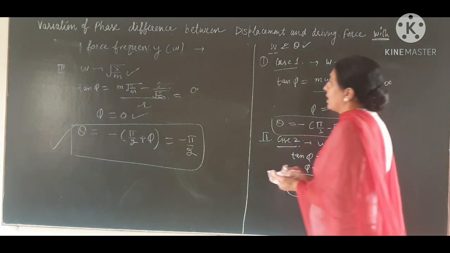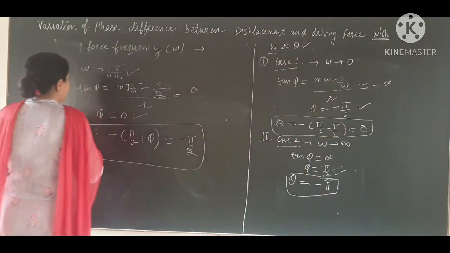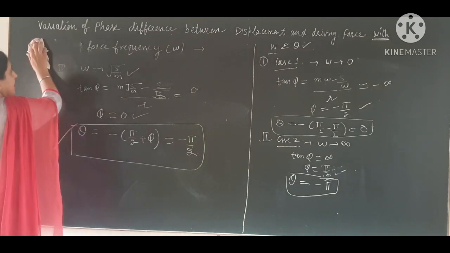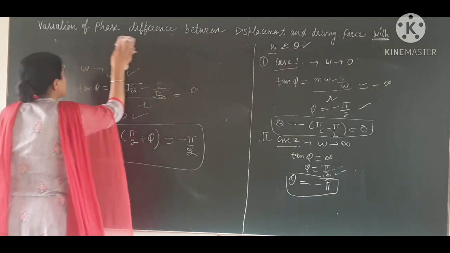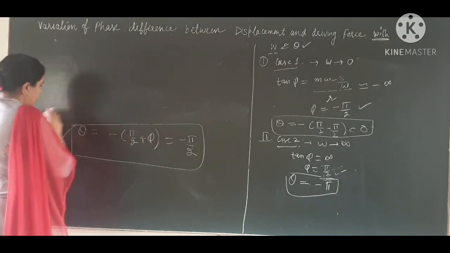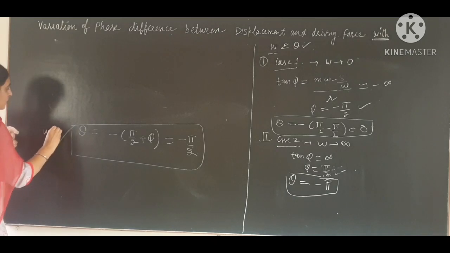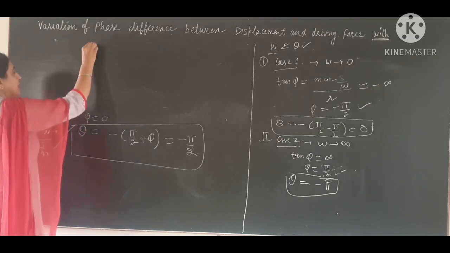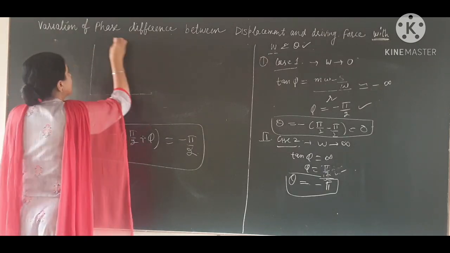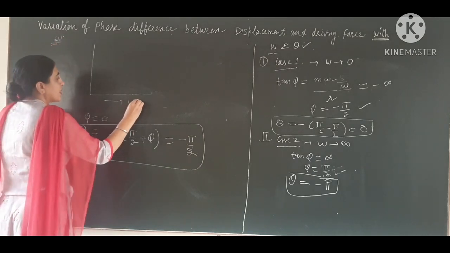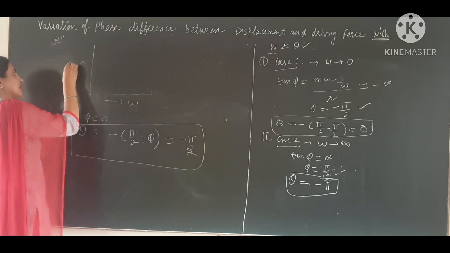Now we want to plot a graph. So I rub this and write here: this is when omega is equal to under root s over m and phi is 0. So I plot a graph with omega on the x-axis and theta on the y-axis.